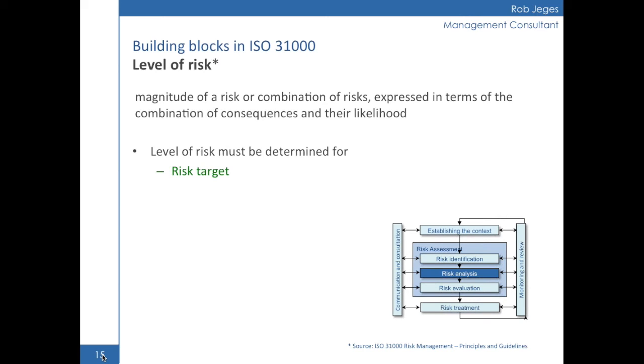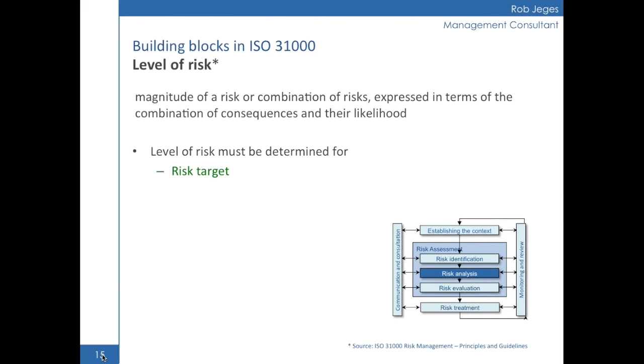And what the level of risk does is to bring the final element of risk appetite into the equation, which is a risk target. So the level of risk is going to help us compare the assessment of the risk with the target, and it's going to help us make a decision whether we are where we want to be or not.